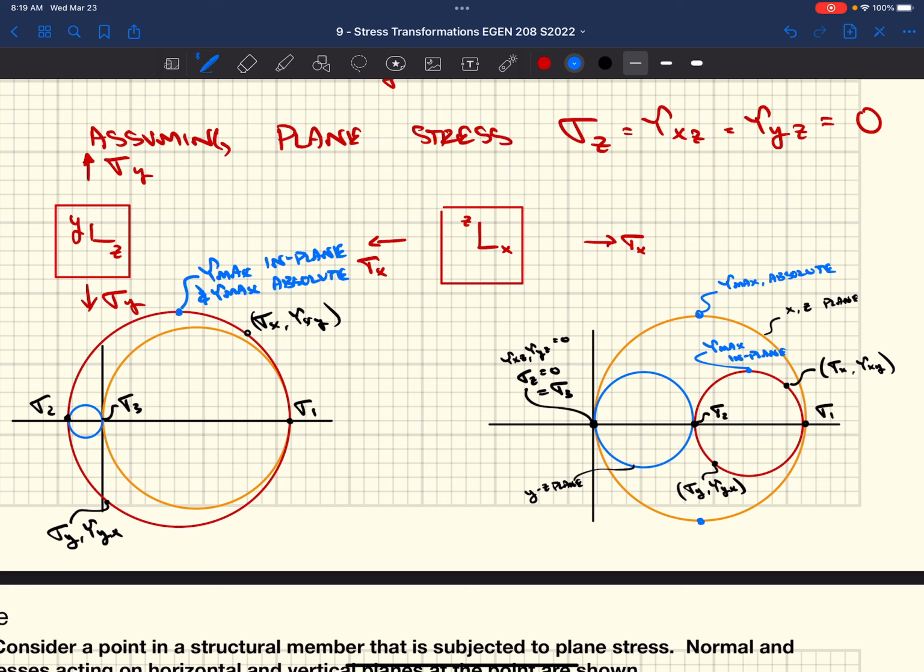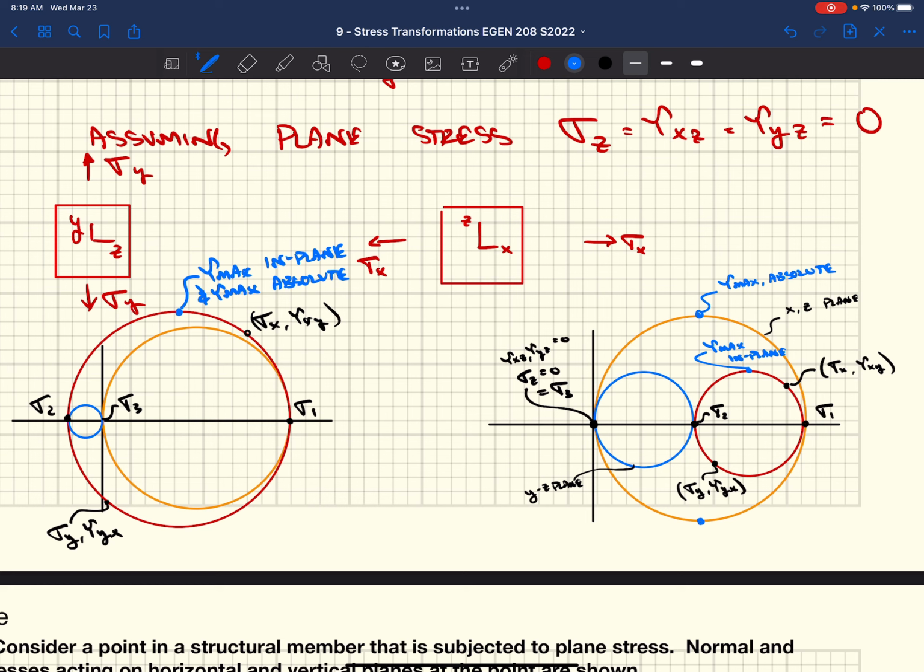Kind of a tricky little concept, but it's worth noting. Yes? What if your first circle goes through the origin, like the first one that we drew in our notes? Then sigma 2 would be sigma 3, and that circle would have 0 radius, right? Like you're saying that this red circle slid over here to where we drew it and sigma 2 was at 0.